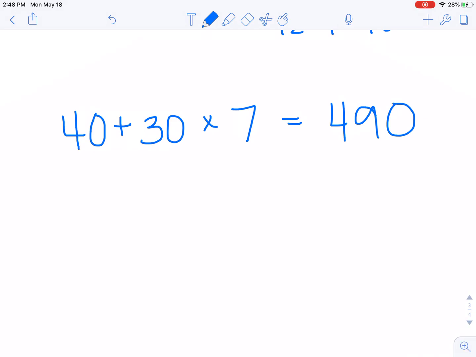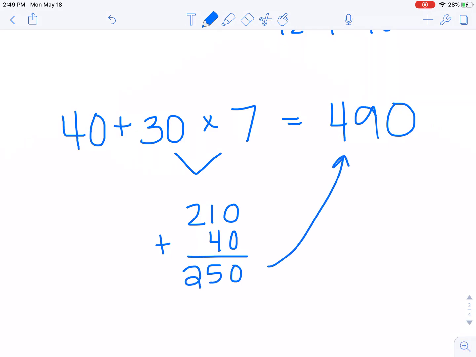If I looked at this problem right now using, please excuse my dear Aunt Sally, I would have to do this first, 30 times 7, because I'd have to do multiplication first, right? And that would have been 210, added to 40, and I get 250. And that is not the answer.